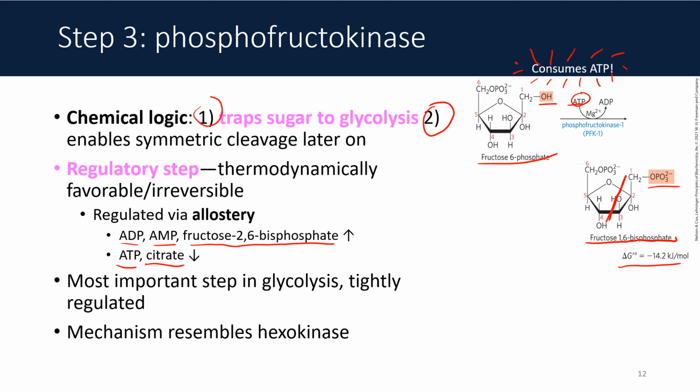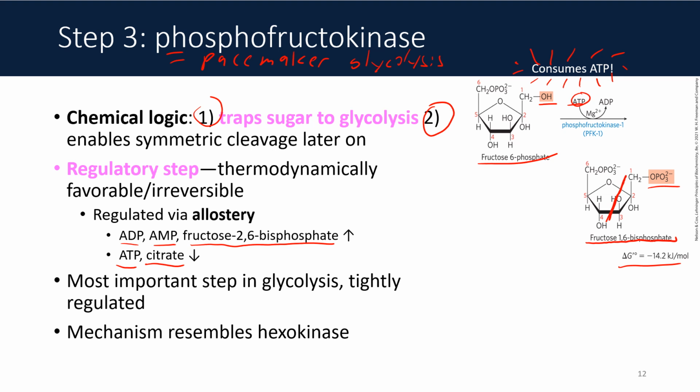There's quite a bit of regulation occurring at this step. And so I think, again, this reinforces the fact that phosphofructokinase is not only what commits glucose to oxidation, but it's the pacemaker of glycolysis itself, or at least the most significant one.